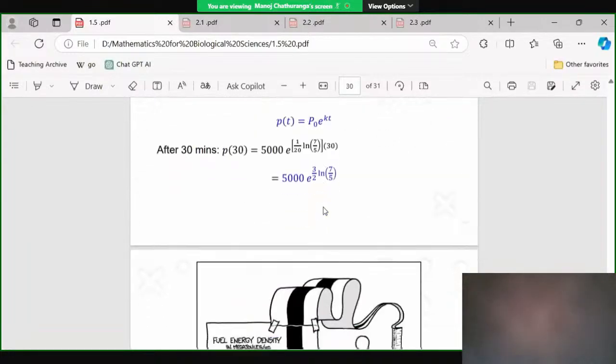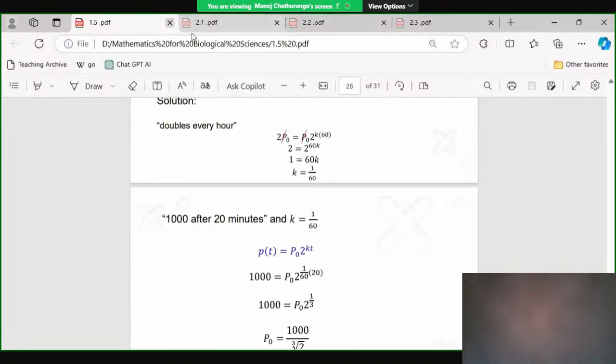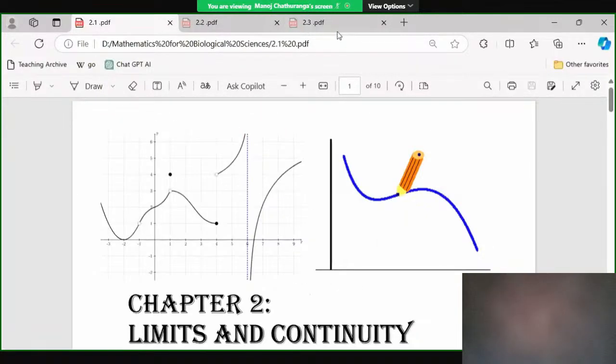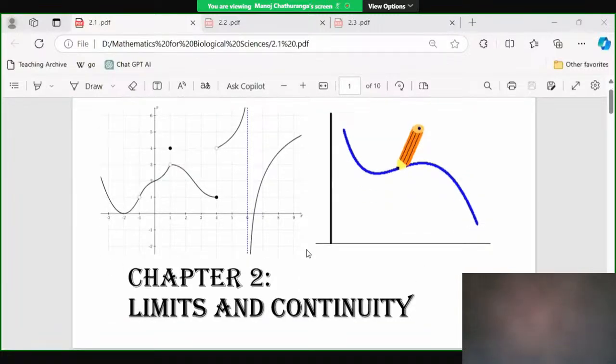So let me skip these applications and move on to our second chapter. Second chapter is called limit and continuity. So we talked about functions in general, and exponential and logarithmic functions are two special types of functions. Limit and continuity is again a general discussion about functions.